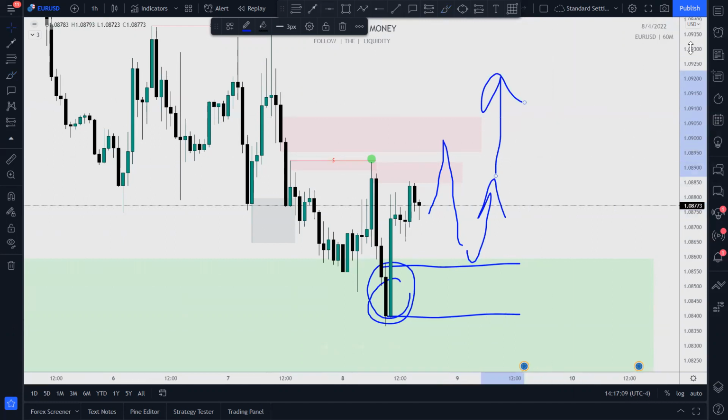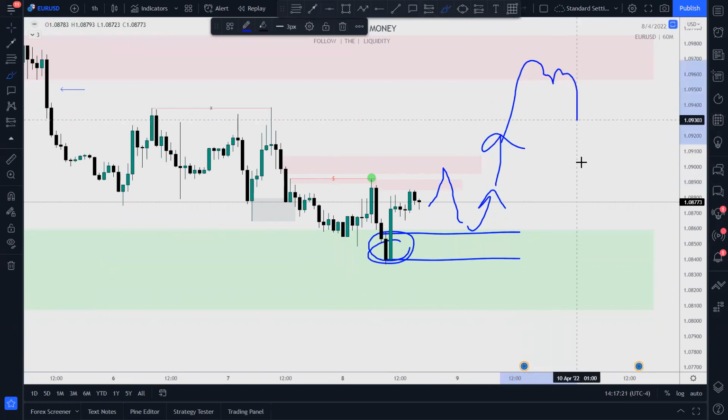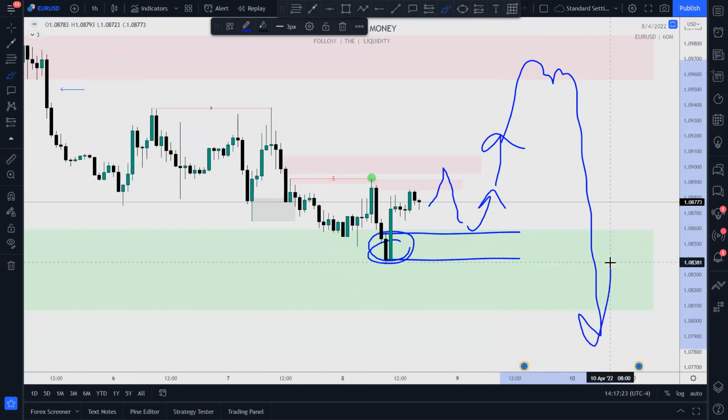Why would we be going to the upside? Because we have an unmitigated imbalance zone of supply up here. I can very easily see a scenario where price rounds over and continues bearishly here as the US dollar gains strength, as the monetary policy raises the rate, and the euro.